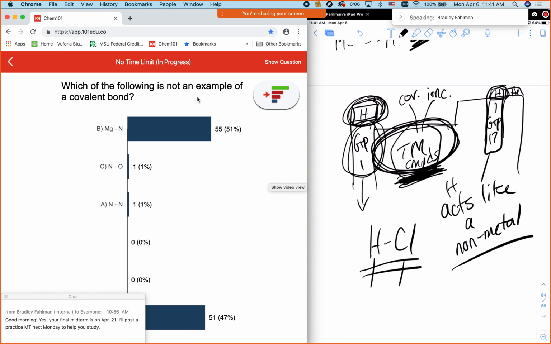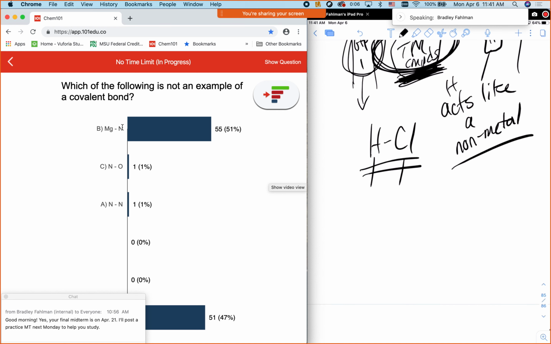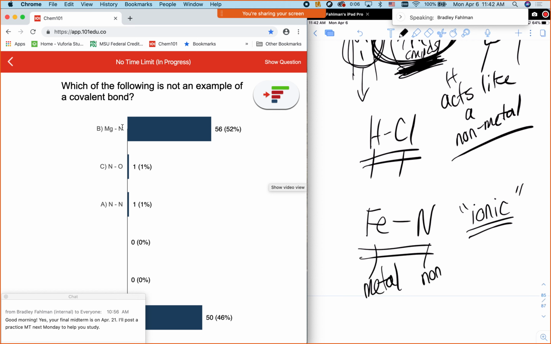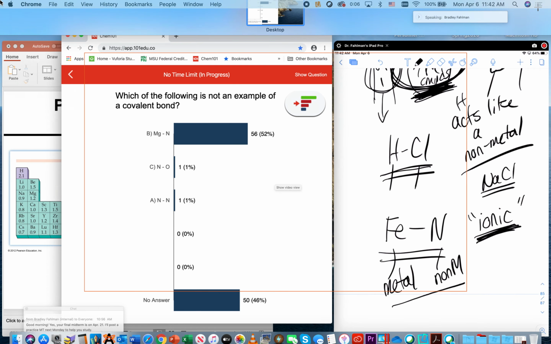The examples we're looking at are very clear cut. On an exam, if you do get a transition metal like this, you'd still consider this mostly ionic, because it still has a metal and a nonmetal. It's just not as ionic as, for instance, NaCl. All right.